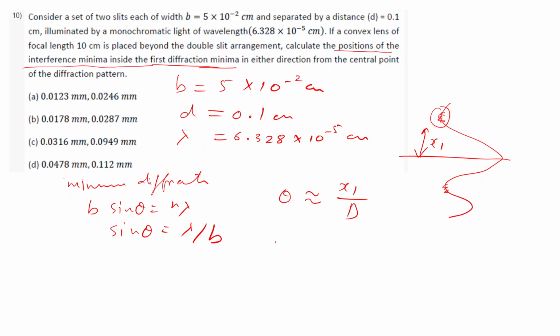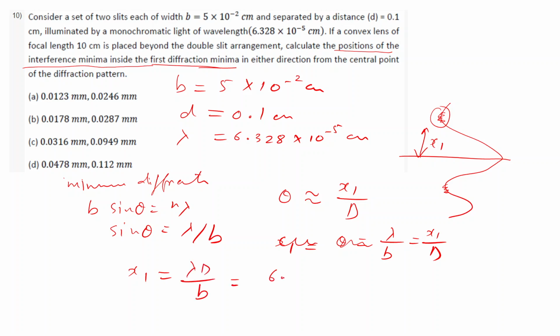From here, theta is equal to lambda by B and x1 by D. That means x1 is lambda D by B.